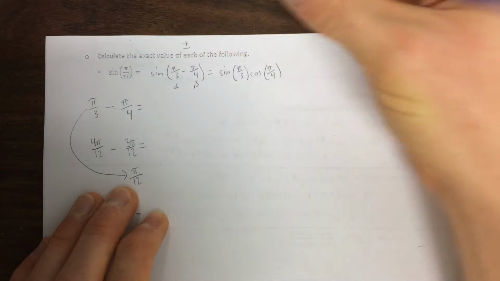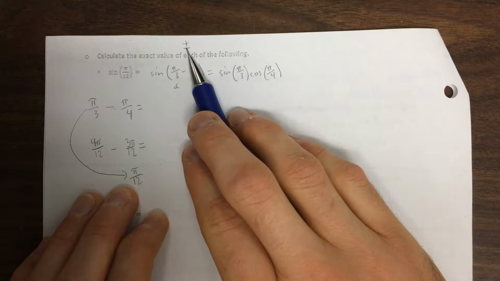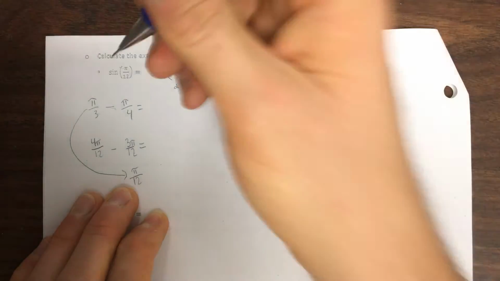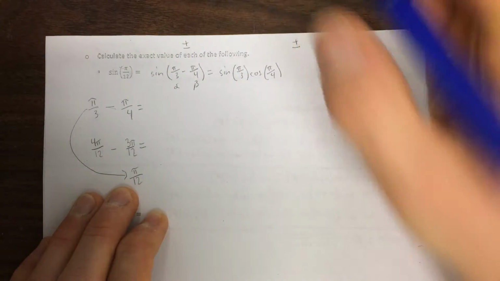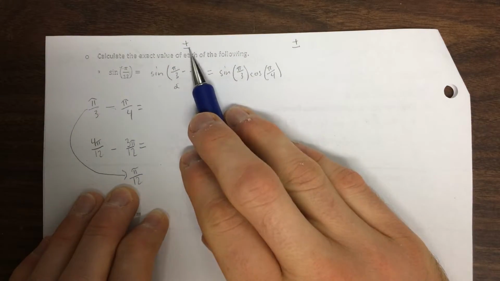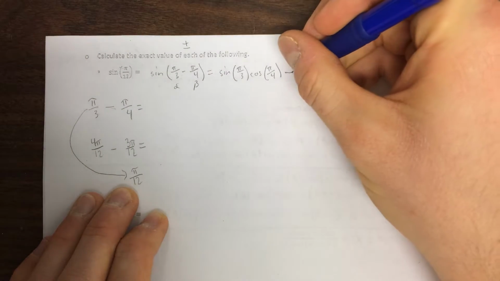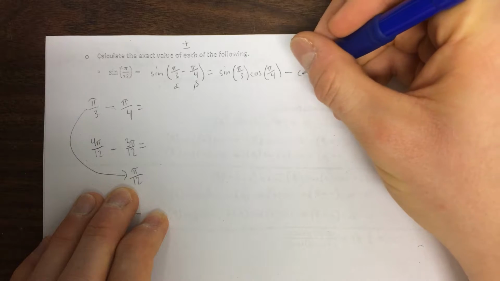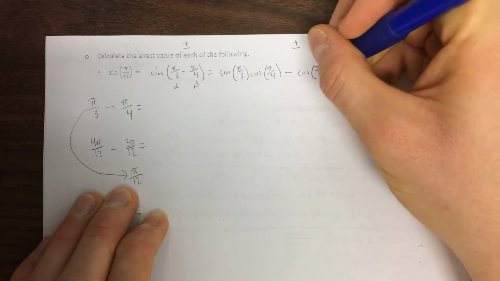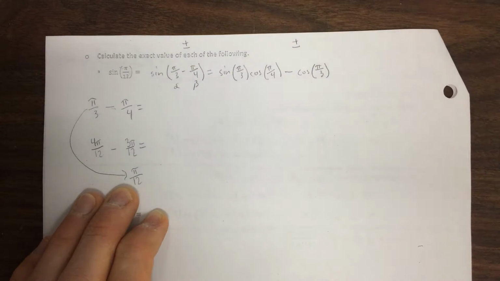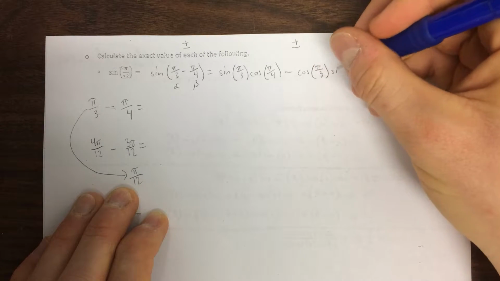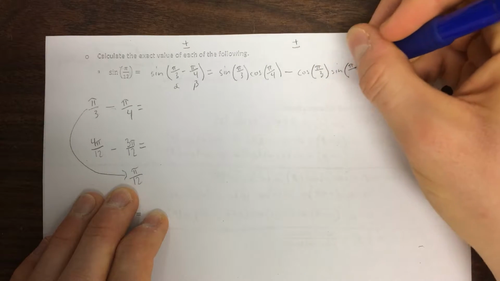In the sine formula, it's also plus minus, so since minus is on the bottom here, we also use the minus here since that's on the bottom. So this would be minus cosine of pi over 3 sine of pi over 4.